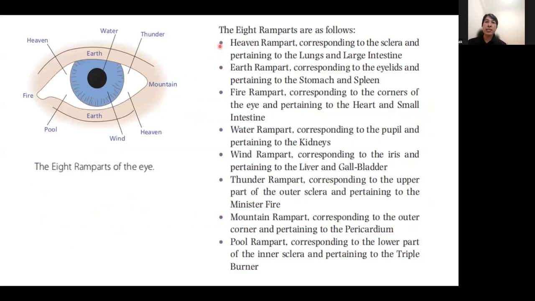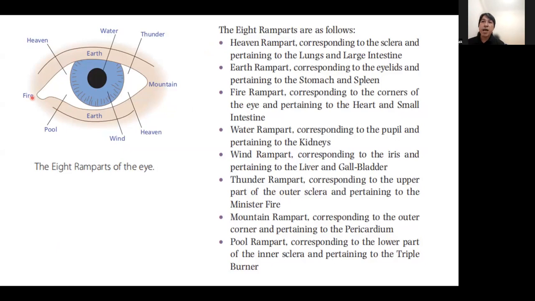This is the 8 ramparts of the eye. The 8 ramparts are as follows. Heaven rampart corresponds to the sclera and pertains to the lungs and large intestine. Next, earth rampart corresponds to the eyelid, pertaining to the stomach and spleen.